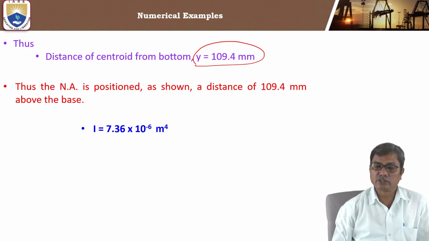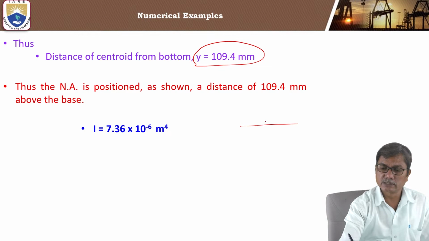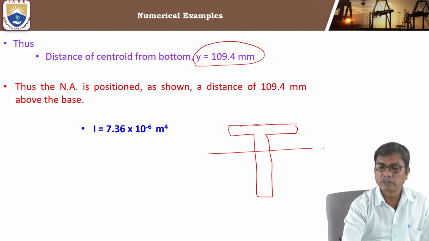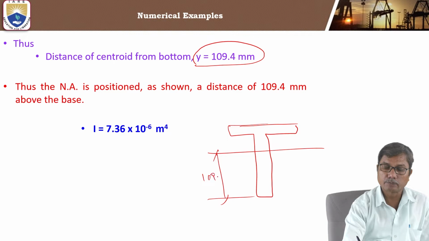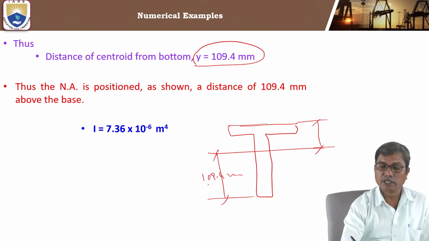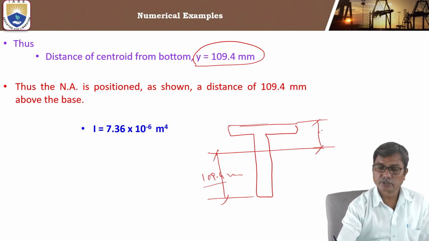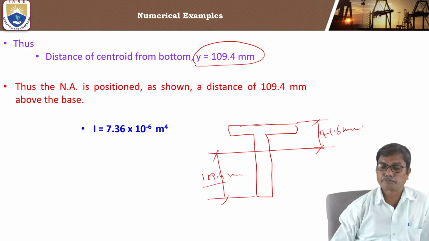The distance of the neutral axis above the base is found to be 109.4, and from the top it is 150 minus this, that is 41.6 millimeters.